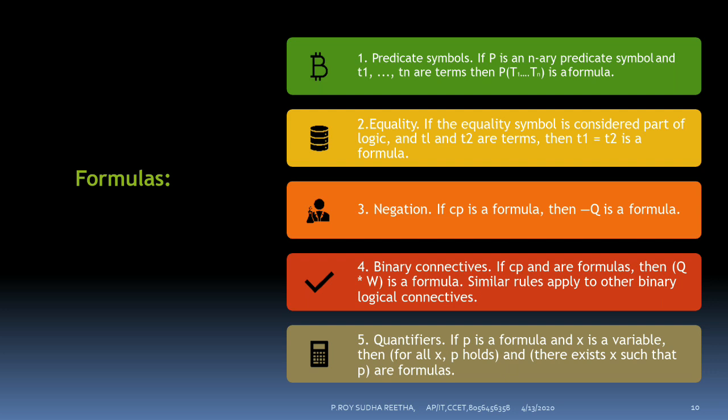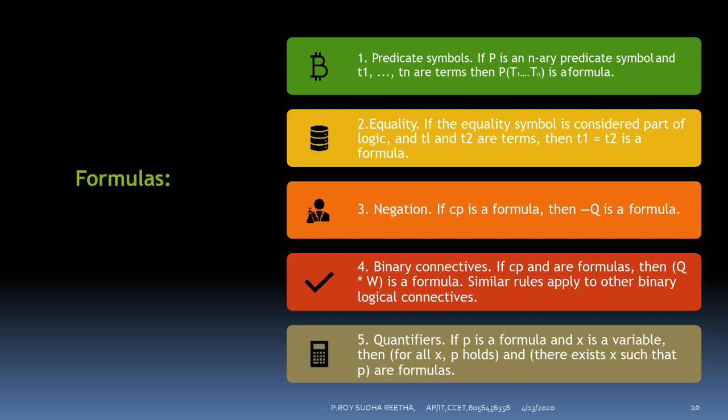And third is the negation formula. For negation we use a bar symbol in front of the letter. Negation, as we know, if it is 0 it will return 1, if it is 1 it will return 0, and it inverts the input.